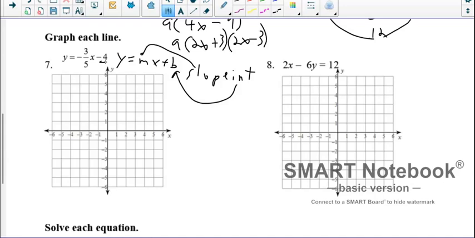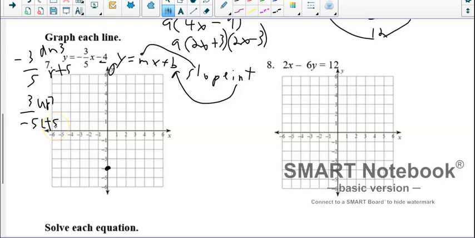That means I want to go on the y-axis to negative 4 and put a dot. And now my slope is negative 3 over 5, or 3 over negative 5. This means down 3 and right 5, or up 3 and left 5.